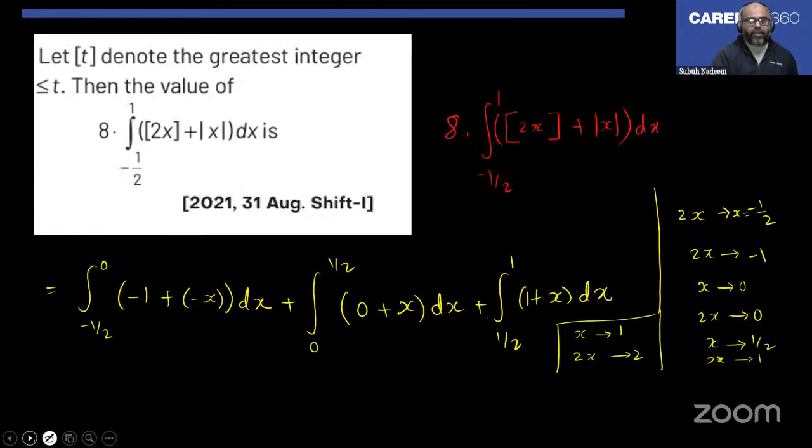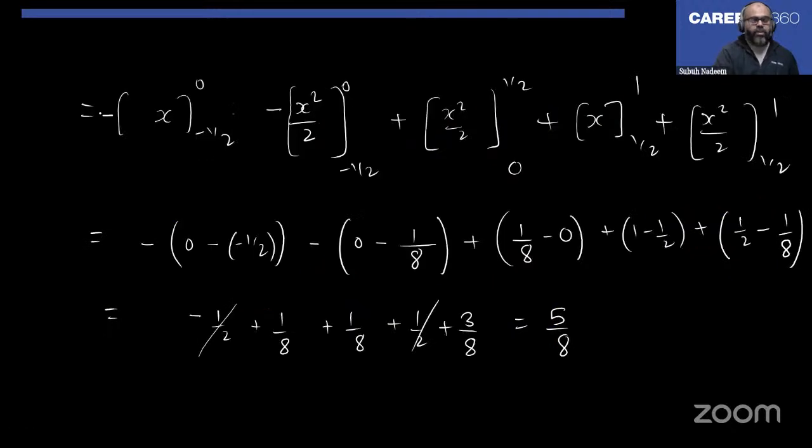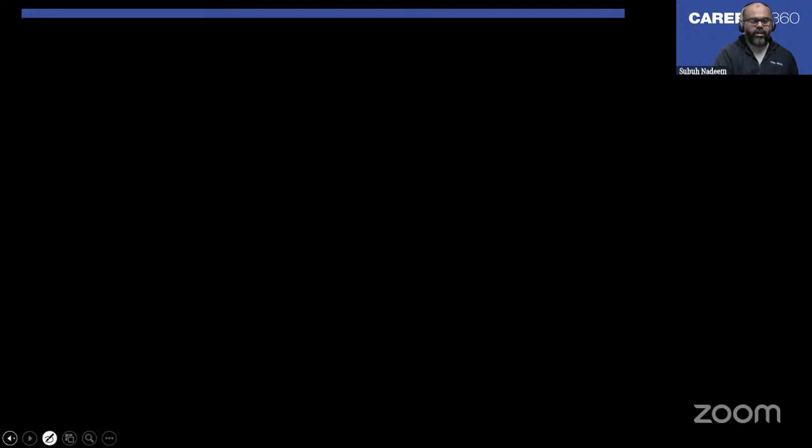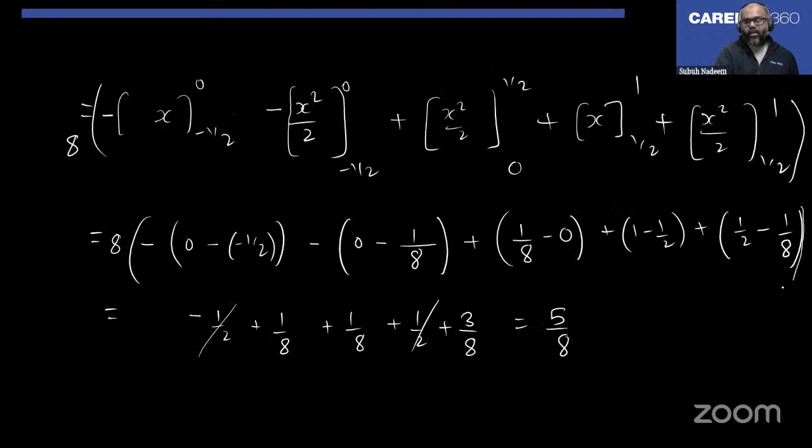So our answer is actually, there was 8 also which was multiplied to it. So we multiply 8 to this expression, and 8 to this expression, and it will be equal to 5.